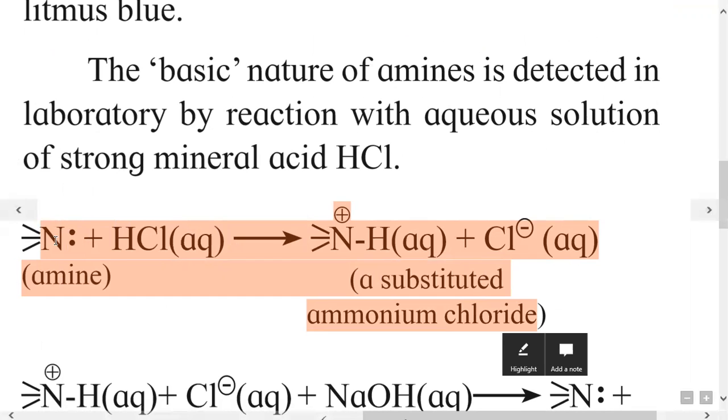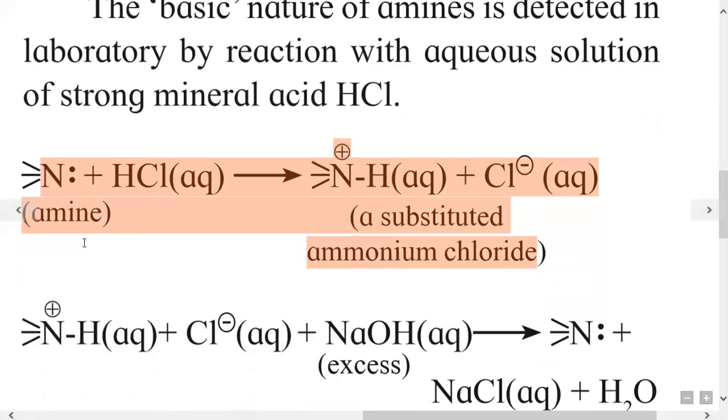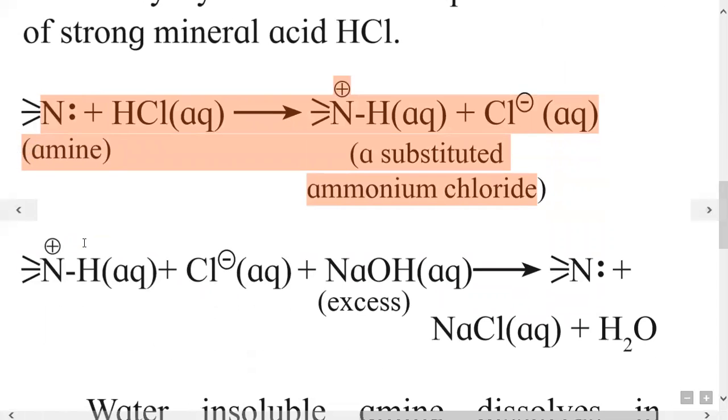So this nitrogen containing 3 alkyl groups, this is amine, when treated with mineral acid like aqueous HCl solution, it forms this nitrogen containing 3 alkyl groups bonded with hydrogen, and nitrogen possesses positive charge, so it is a substituted ammonium salt and the chloride ion is formed. So this is a substituted ammonium chloride.